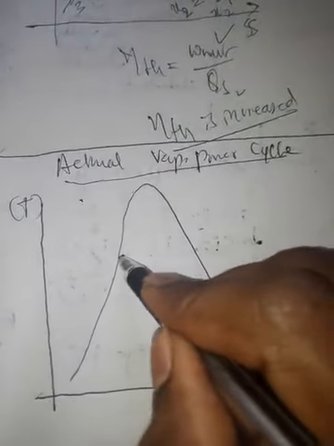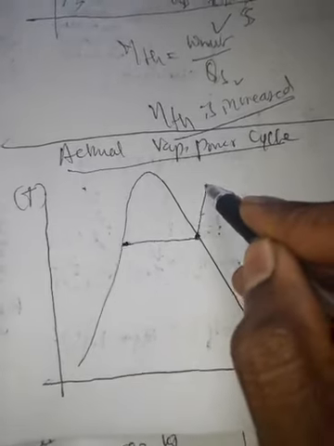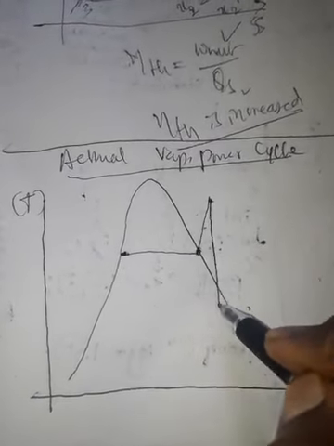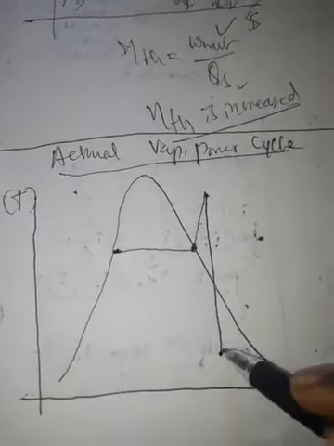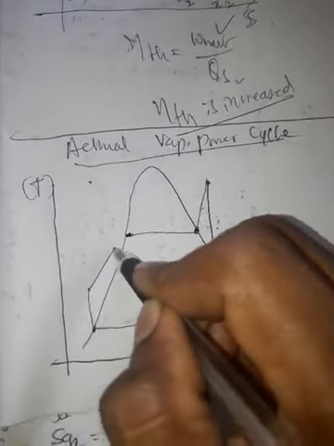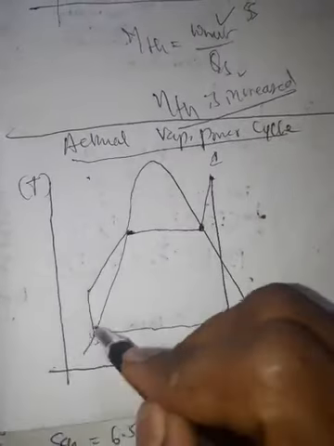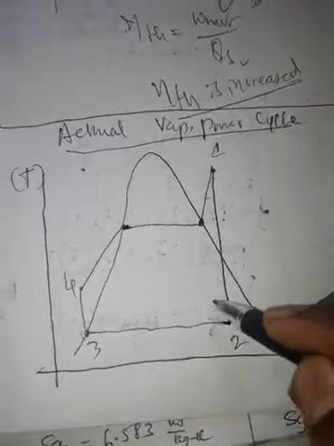For ideal cycle, you know how to represent it: this is saturation temperature for the boiler, this is superheating, this is expansion inside the turbine. Now this is the ideal cycle 1, 2, 3. Everybody knows how to represent this cycle.